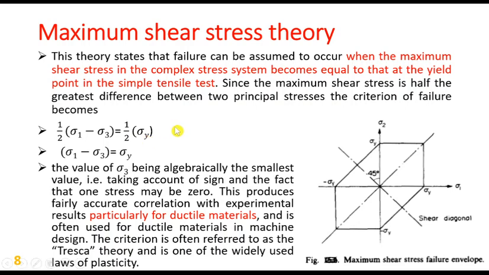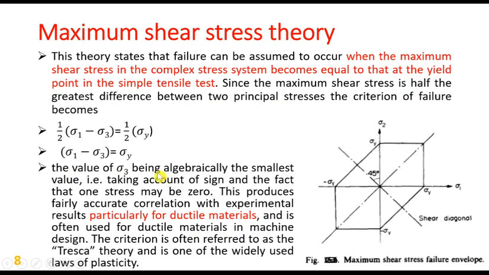To relate it with shear, half of the yield stress is the criteria. So this is the criteria from the simple tensile test, and this is from our Mohr circle, the value of tau max, and we have determined in chapter 9 how to determine the maximum shear stress or principal stress. Here the 2 is cancelled, and sigma 1 minus sigma 3 is equal to sigma y. That is the criteria for this theory.